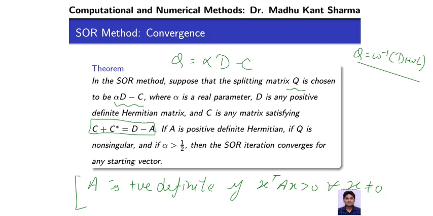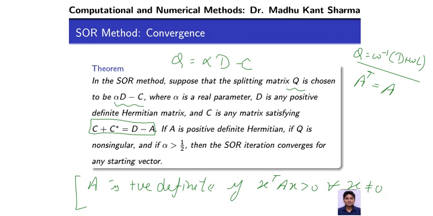Okay, so here we have assumed that for the SOR method, the matrix A is symmetric. If you recall from the session on Cholesky decomposition, a symmetric matrix is positive definite if and only if all leading principal minors are strictly greater than 0.